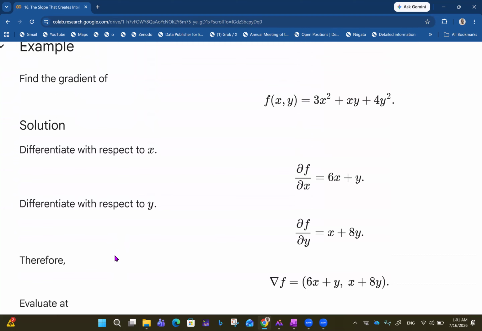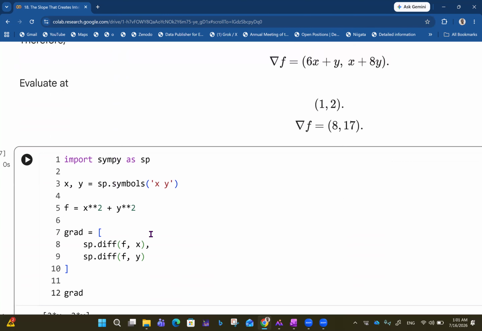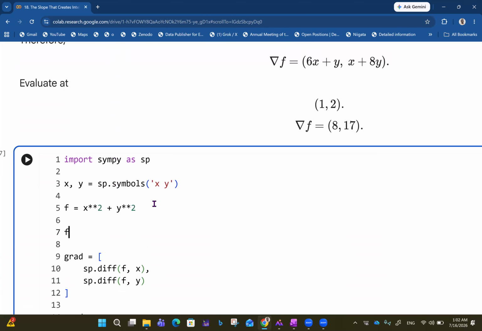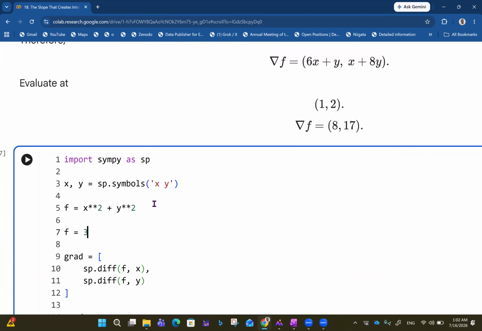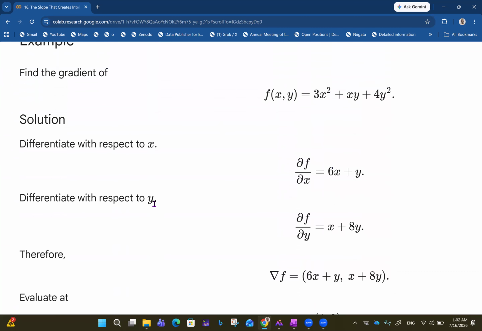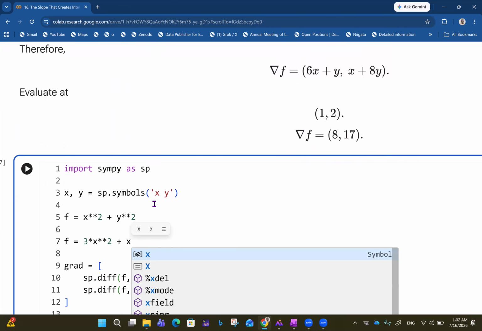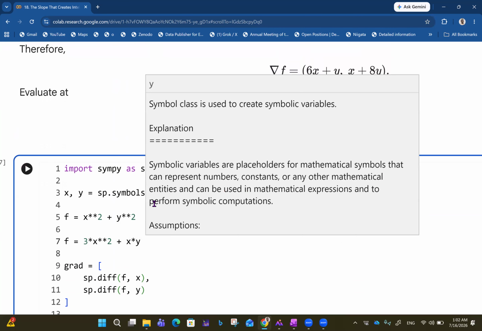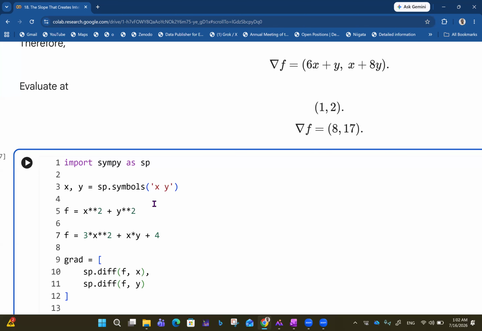So if you try it for 3x squared plus xy plus 4y squared, say f is equal to 3 times x raised to power 2 plus x multiplied by y plus 4 times y raised to power 2.